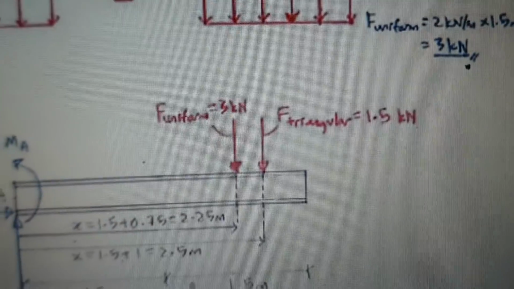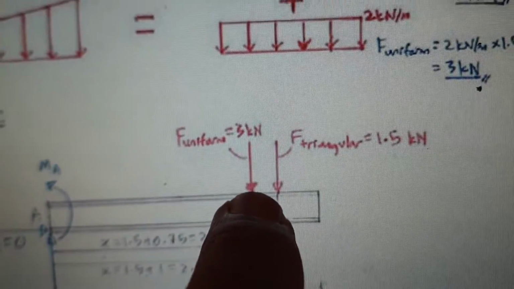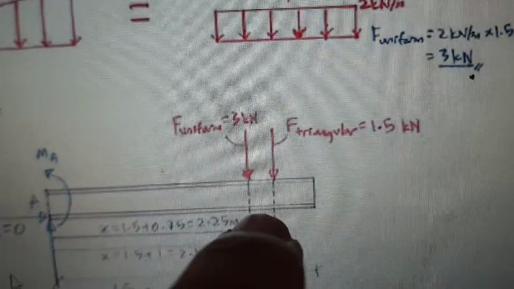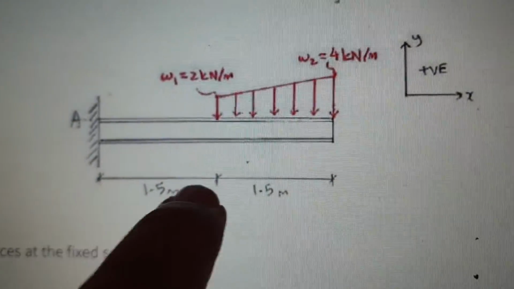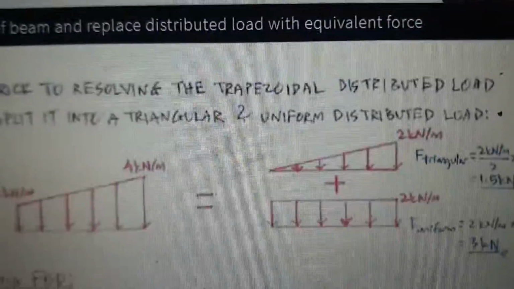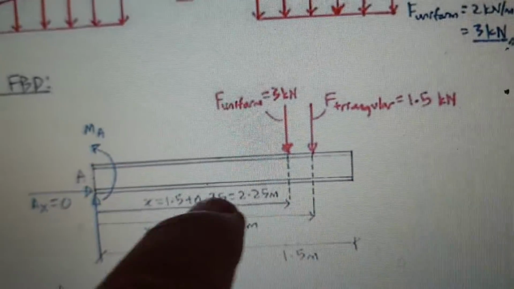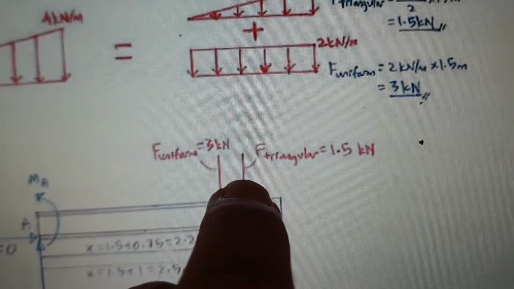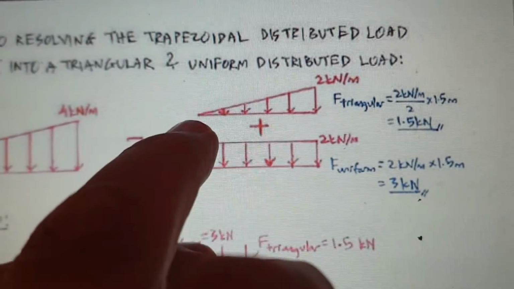This is the 3 kilonewton for the rectangle. Its location is 0.75 plus 1.5, because this is 1.5 and this was half of it. For the triangle, it's 1.5 kilonewton and it is 1/3 the base and 2/3 the other side.